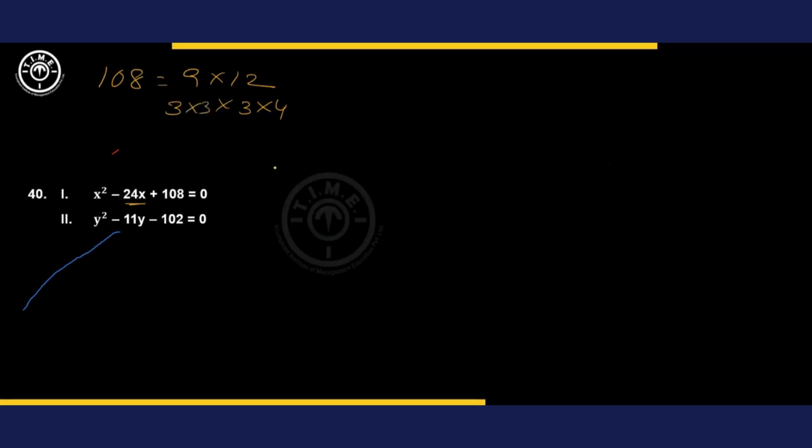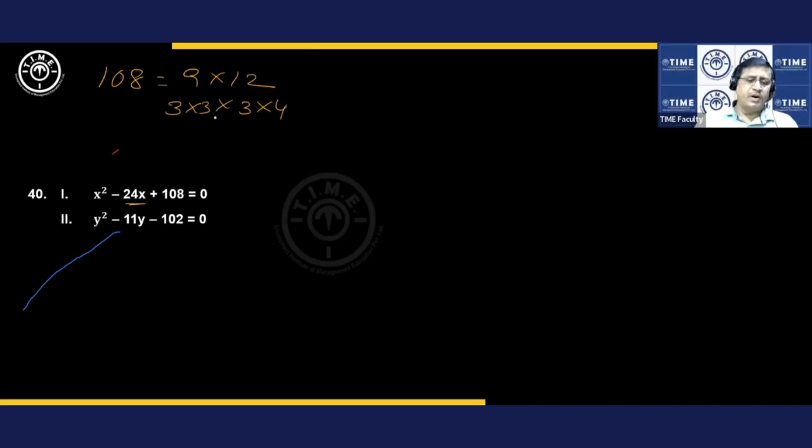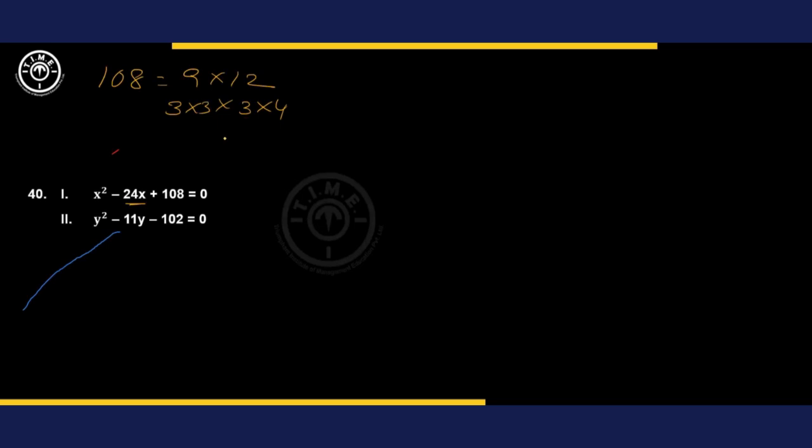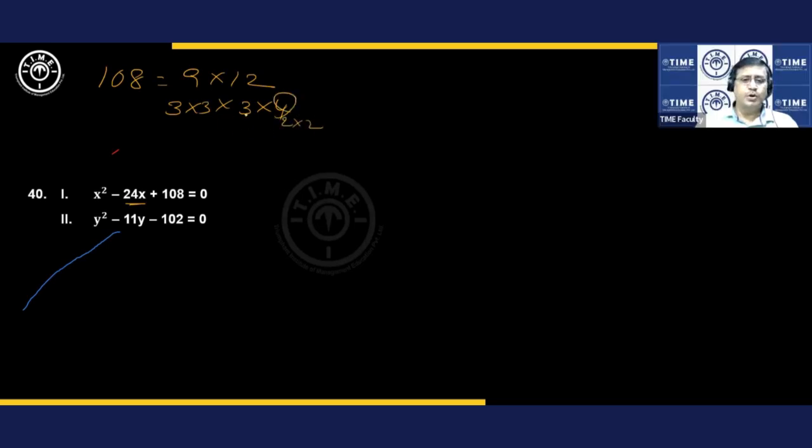So it is 6 and 9 into 2, 18. So 18 and 6, so minus 18, minus 6. What about the roots? 18 and 6 are the roots.